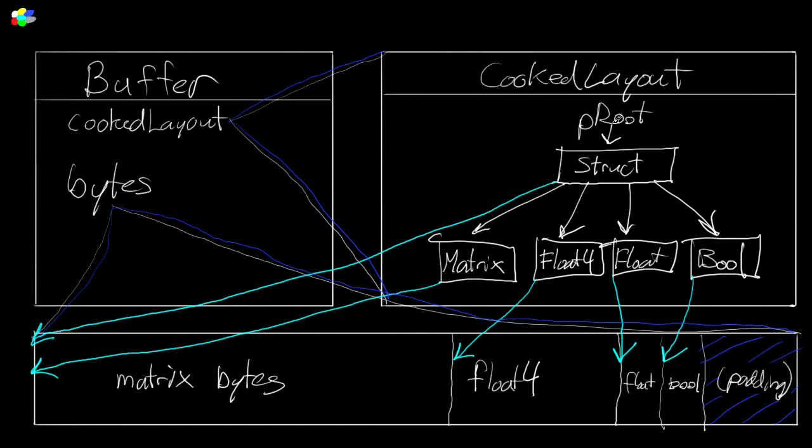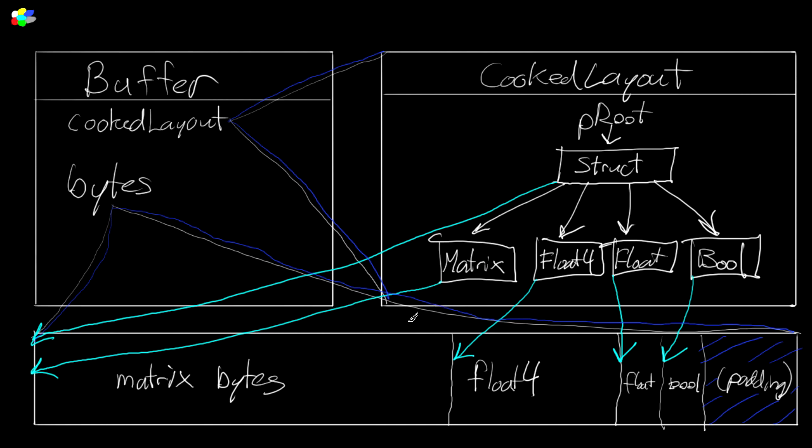Now the layout is what tells you what makes that connection when you try to key into a structure or index into an array. You're going to be navigating the layout in order to arrive at some offset into these bytes. So it provides the map of the landscape of this just dumb buffer of bytes. And at its heart, it's a tree structure, right? Because structs can have members, just plain data members like bool or float4, but they can also have other structs, and then those structs can have structs.